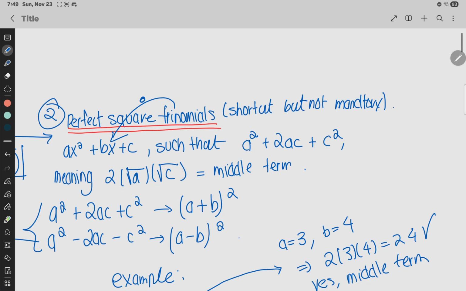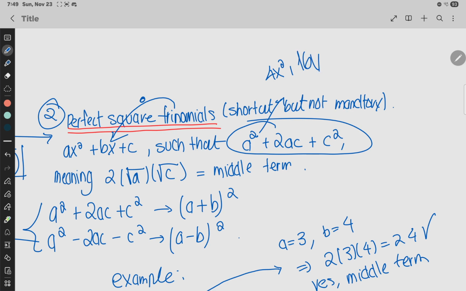Okay, it's still in the form ax squared plus bx plus c, but it's a little bit changed. So it becomes this: a squared plus 2ac plus c squared. So a squared can be anything. 4x squared, 16y squared, or maybe like 64xy squared.